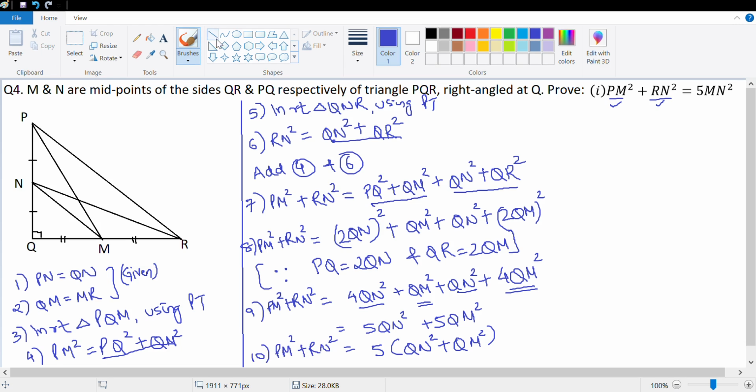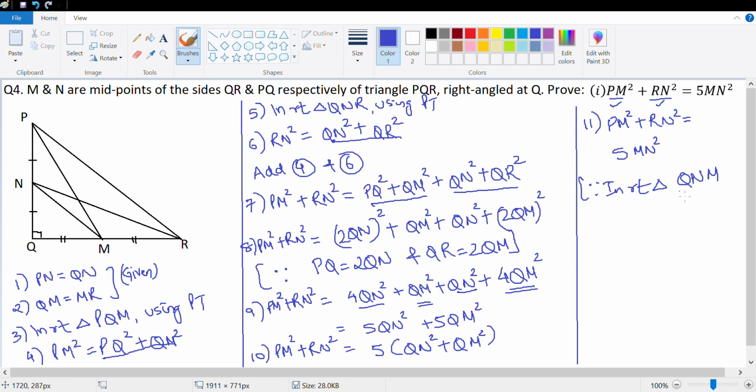I think we've almost reached the answer. Let's see what can be done. So this means PM square plus RN square is equal to 5 times QN square plus QM square, which is equal to 5 times MN square, since in right triangle QNM, MN square is equal to QN square plus QM square.